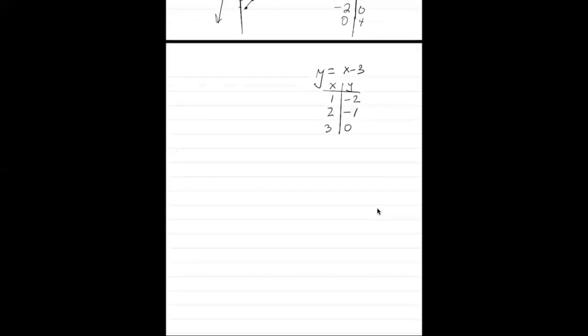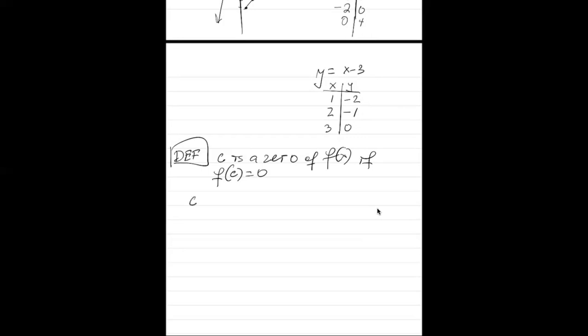A definition that we use when we talk about functions is the concept of a zero. c is a zero of f of x if f of c is equal to 0. So c is the input that makes the output 0.